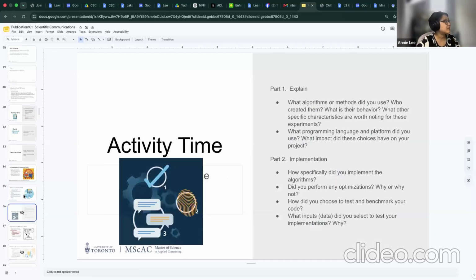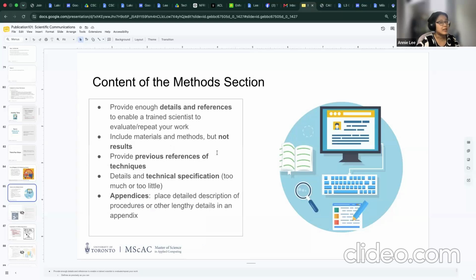And then in terms of talking about the techniques, how much detail? Not so much detail that it is overwhelming, like an entire tutorial. I think this is where a lot of undergraduates might have gotten it wrong, because they feel like, oh, this is like a lecture. When I take machine learning or deep learning, I learn things from first principles, so I have to explain everything from first principles.